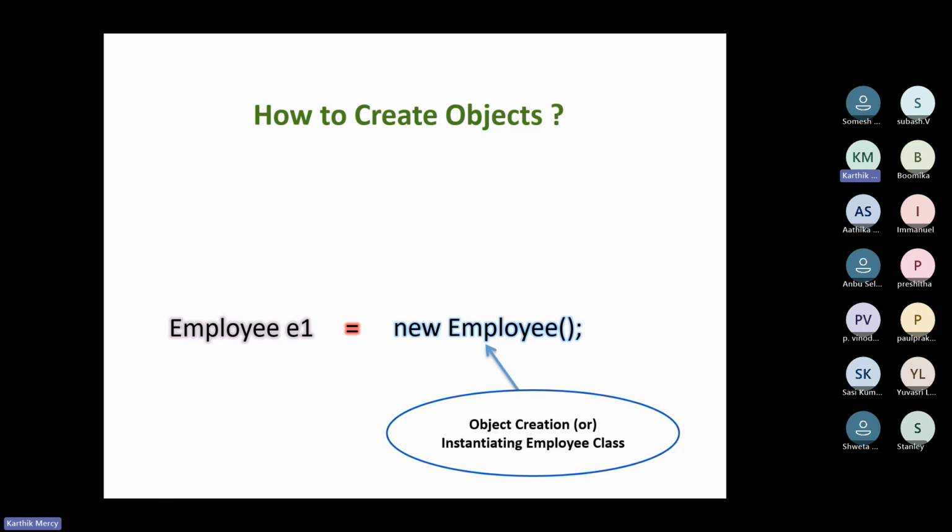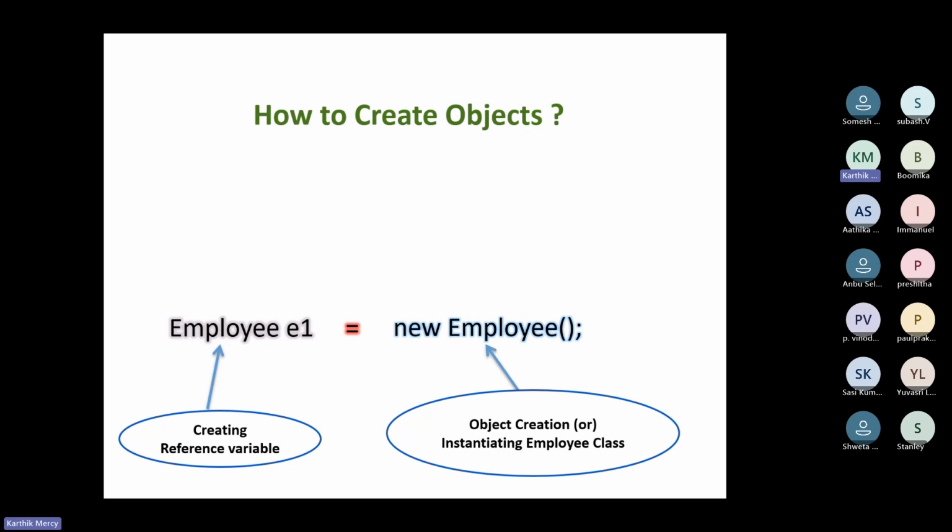But then what happens to the other pieces? What happens to the equal sign, and what is Employee even required for? It is required for creating a reference variable, which I'll be speaking about shortly.